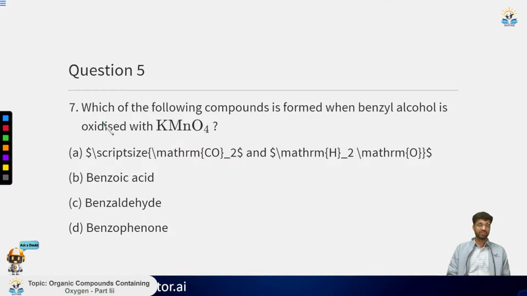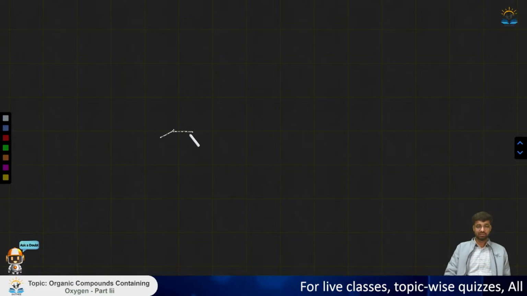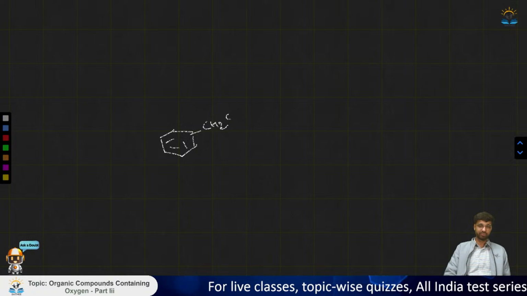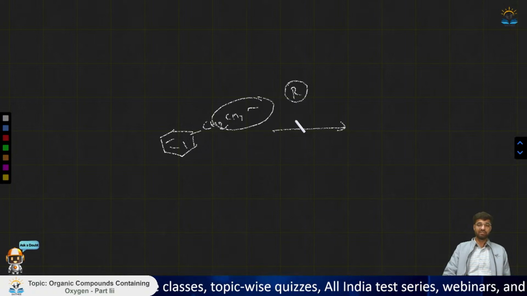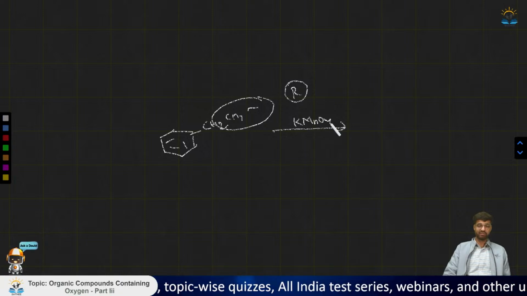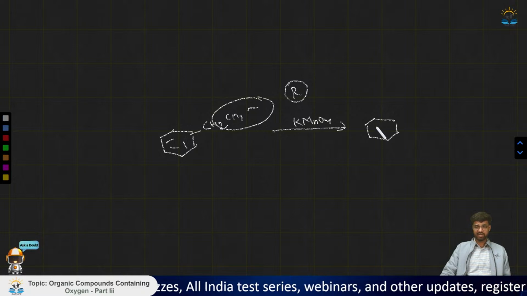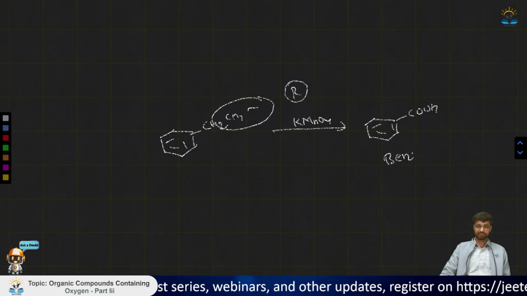Now next, which of the following compounds is formed when benzyl alcohol is oxidized with KMnO4? I have another reaction here. Whatever chain we have, CH2, CH3, any alkyl chain on the benzene, as we use KMnO4, a very strong oxidizing agent, it can oxidize it quickly into COOH, that is benzoic acid.